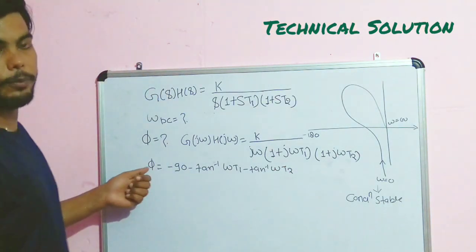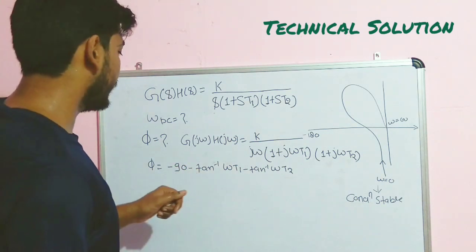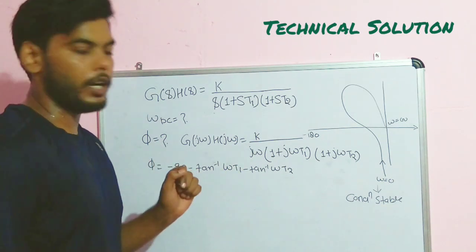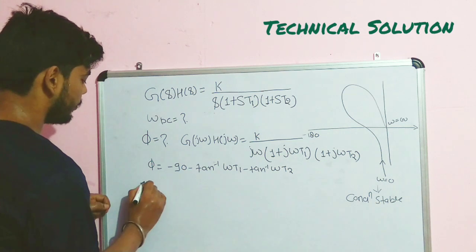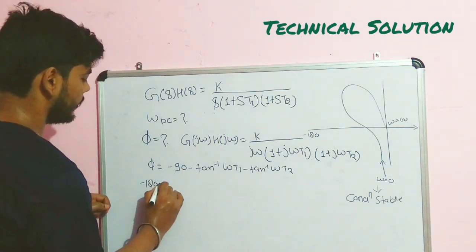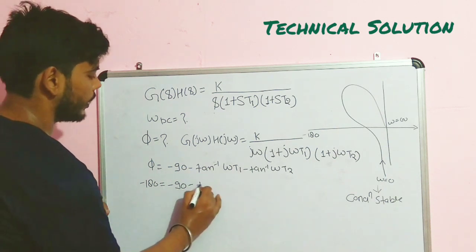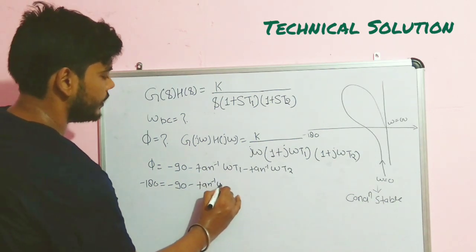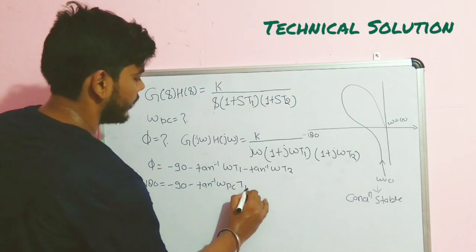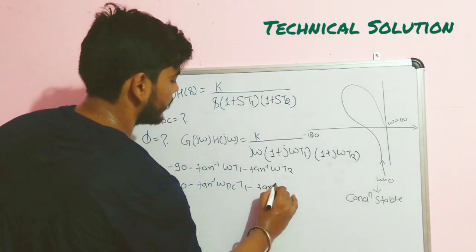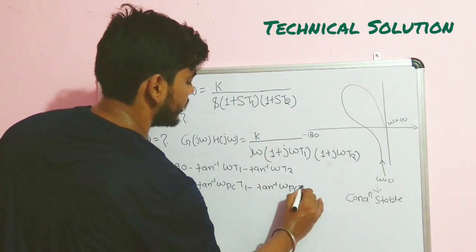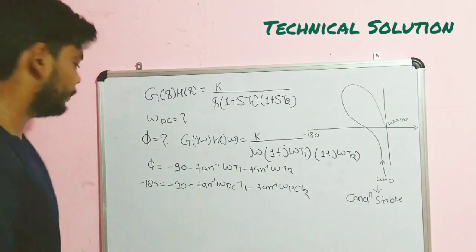When we put minus 180 degrees in place of phi, omega becomes omega pc. So we put minus 180 degrees equal to minus 90 minus tan inverse omega pc t1 minus tan inverse omega pc t2.